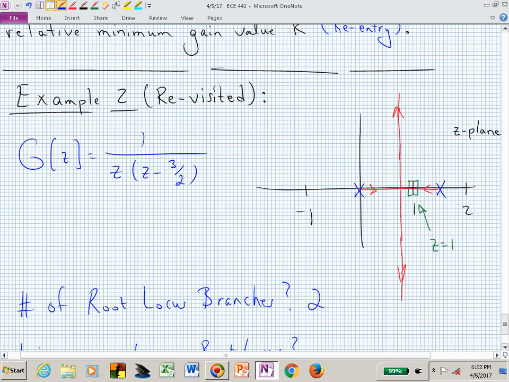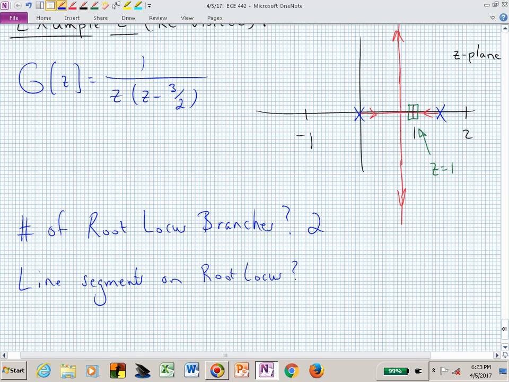They meet halfway between each other. When we have multiple poles, it's not always going to be right between them. But here they meet halfway between, so it's going to be at 3/4 where they meet and collide.